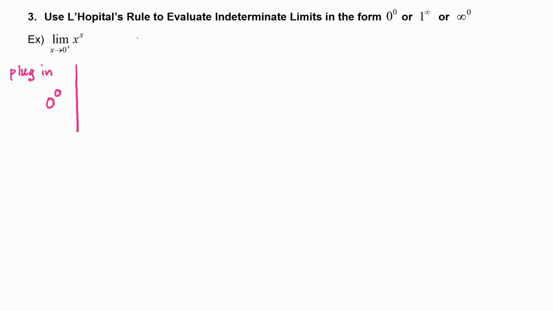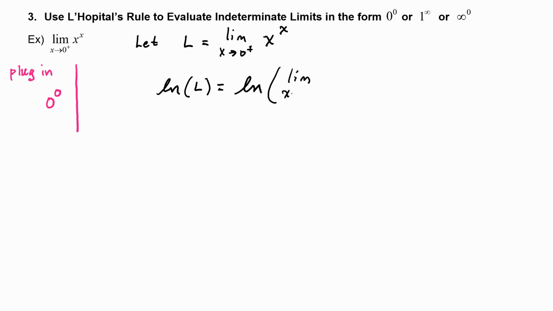Now, the technique for this is to let L equal the limit as x goes to 0 from the right of x to the x. And then we're going to take the natural log of both sides. So we have the natural log of L is going to equal the natural log of the limit as x goes to 0 from the right of x to the x.